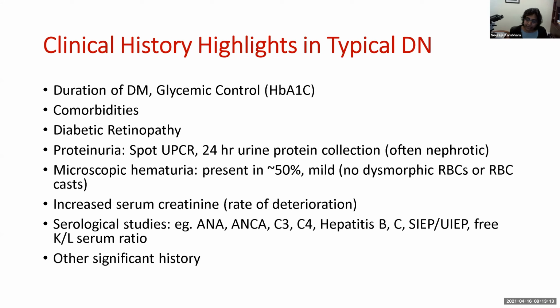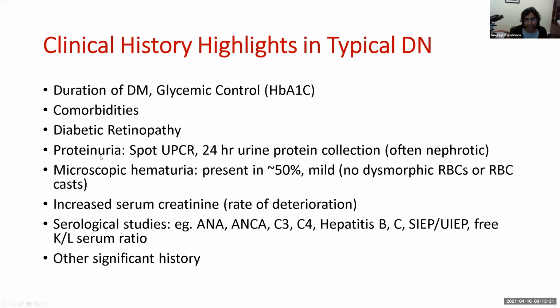There is a close correlation between diabetic nephropathy and retinopathy. So if the patient has diabetic retinopathy, then our suspicion of diabetic nephropathy goes up. Proteinuria, quantification of proteinuria, is something we pay attention to.